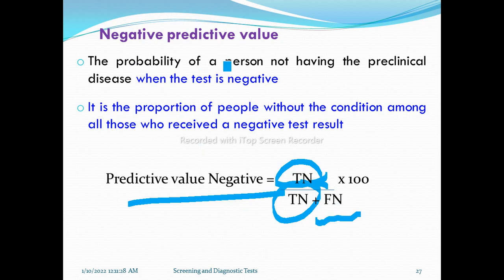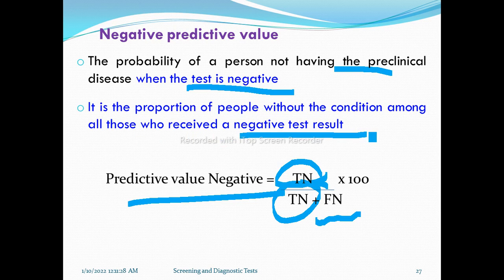Negative predictive value means the probability of a person not having preclinical disease when the test is negative. When the test says negative, the patient really has no clinical disease. It is the proportion of people without the condition among all those who received a negative test.